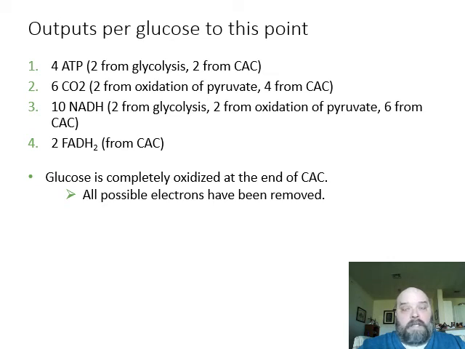What was a solid, a sugar, has now been released as a gas, CO2. You've also got 10 NADHs, so you've got 10 excited electrons, not a lot, but it'll be enough, and 2 FADH2s. And we'll see what happens in the next.